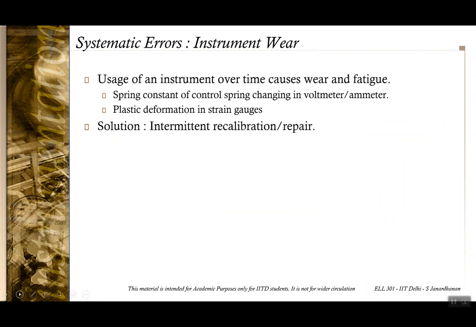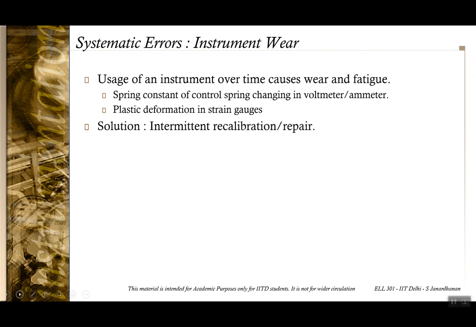The next type is the most easily understood, that is the instrument wear and tear. As the instrument ages, some of its components, say in a spring balance, the spring can become loose, or in the ammeter or voltmeter, the spring can become loose, and the resistance values can be fatigued.